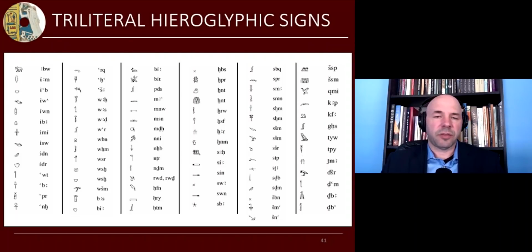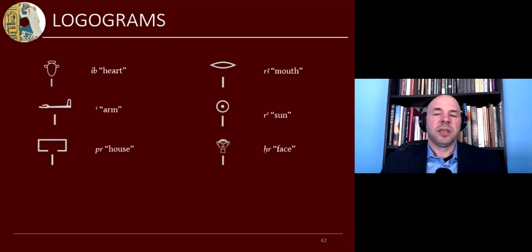is put together. You have these different types of signs, and each word is written using a combination of those signs. So maybe the simplest way to write words in Egyptian is you can use logograms. So you can use the picture of the item for that item. So for example, upper left, you see an image of a heart, and you can use that.